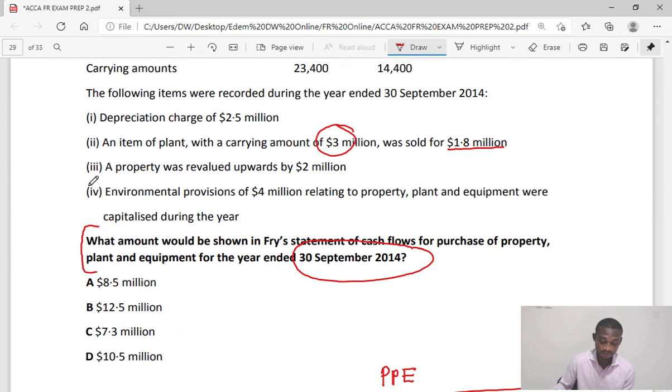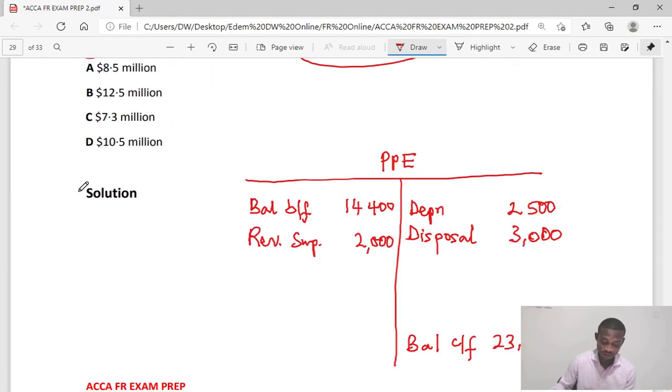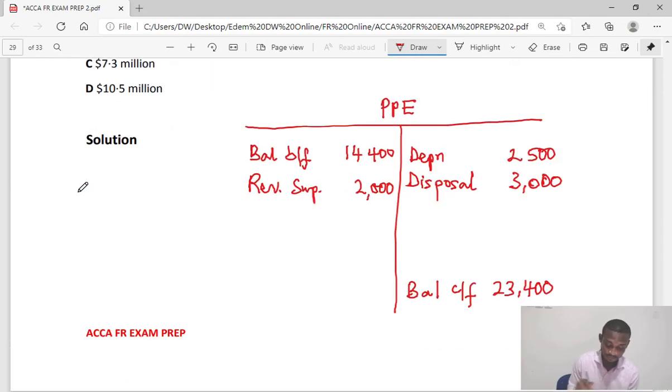Then we have the environmental provision capitalized. This would increase the asset value. It will be a debit to the asset and credit to the provision. So the asset value would increase. So I can put here environmental provision, 4 million.